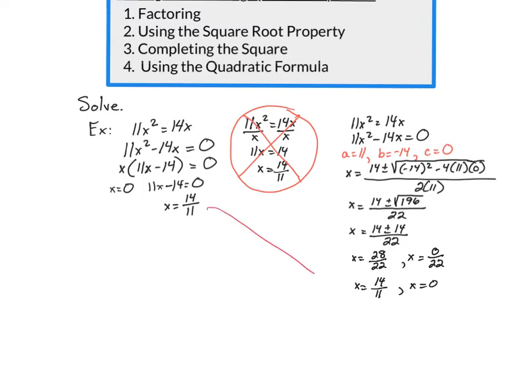And notice, in fact, we do have the same solution, which is what you expect. If the problem can be solved two different ways, we expect the solutions to still be the same. But I hope you see why factoring is probably the better way to go on this particular problem. Let's move to the next one.